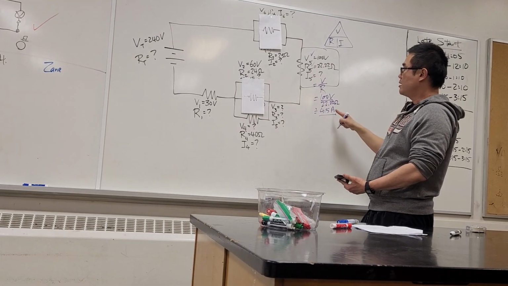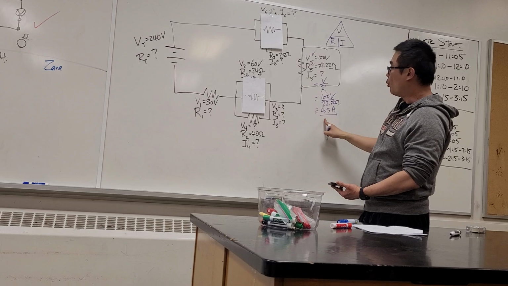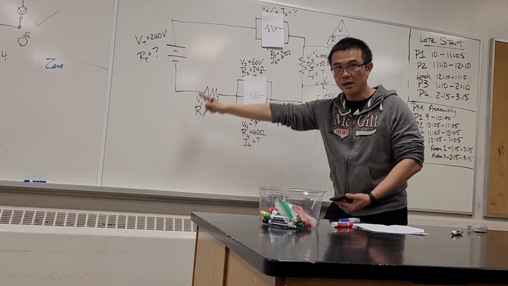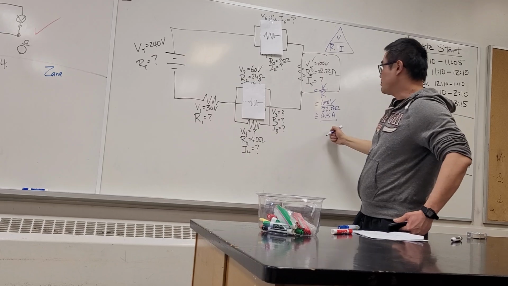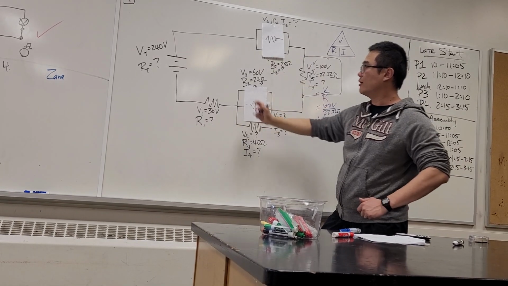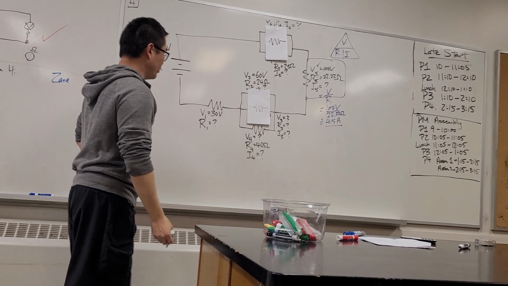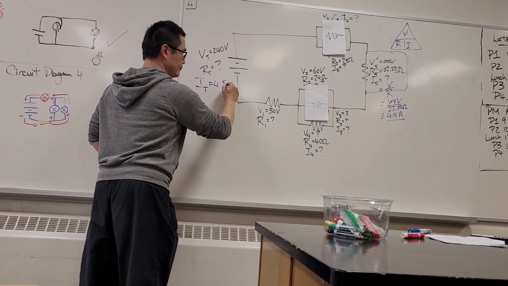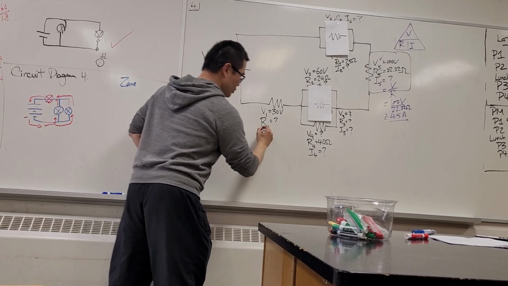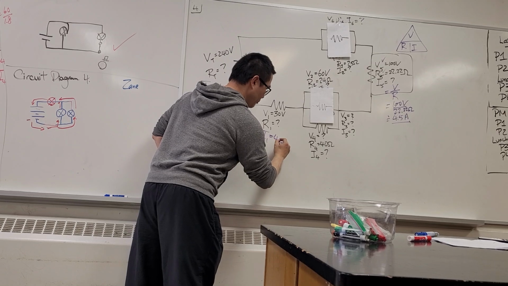Now once you got one of the currents, because this is a series circuit, every single current would also be 4.5. So here, the total current would be 4.5. This one here, I1, would also be 4.5.